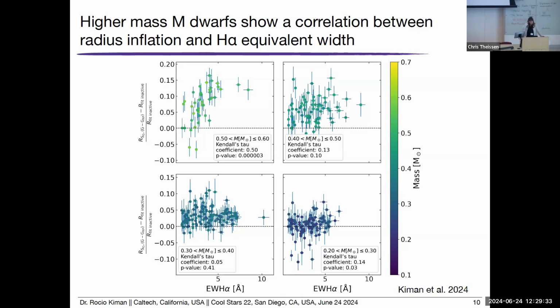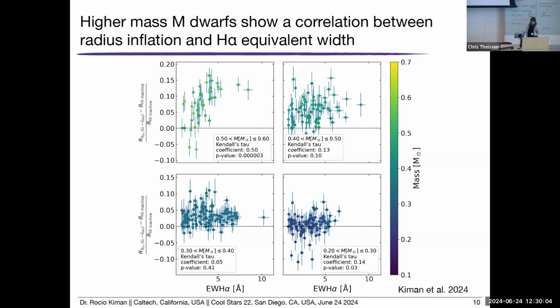So in principle, we found a clear correlation between this radius inflation and H alpha equivalent width for the higher mass band, which would indicate that stars that are more active are more inflated than stars that are less active. And for the other mass bands, we see the inflation, so the star seems to be inflated, but we don't see a clear correlation with H alpha equivalent width.